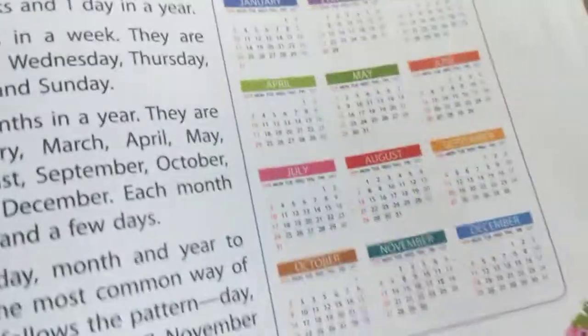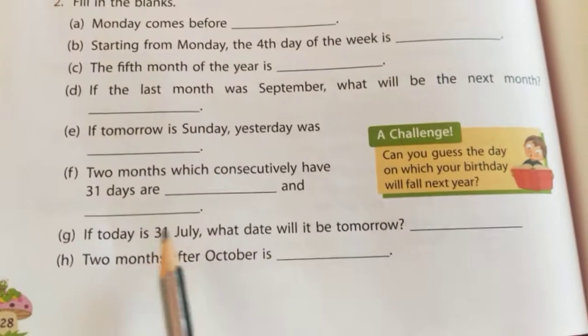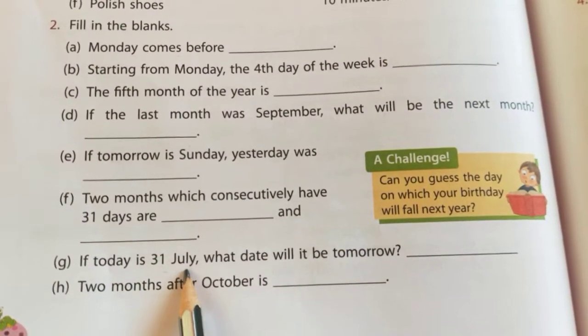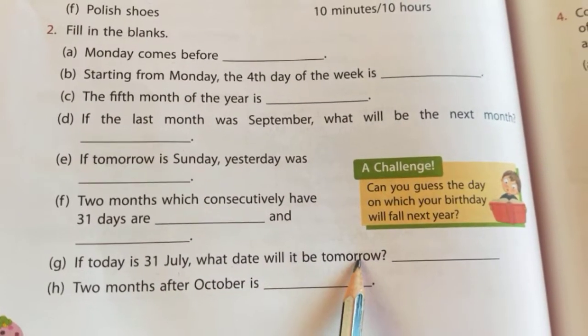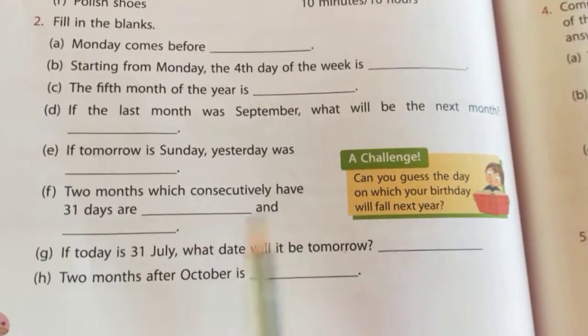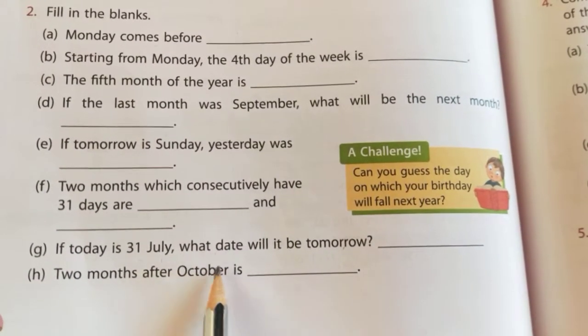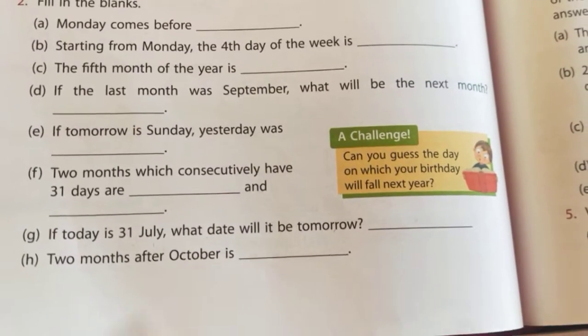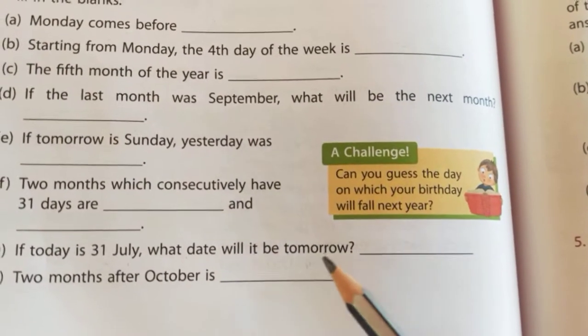You have already got a picture of a calendar over here. Now if today is 31st of July, what date will it be tomorrow? You can look at the calendar again and write the answer down. What will be 2 months after October? Again look at the calendar and write your answer down.